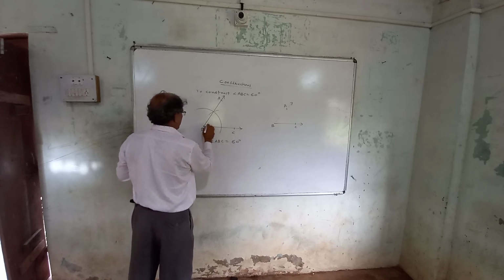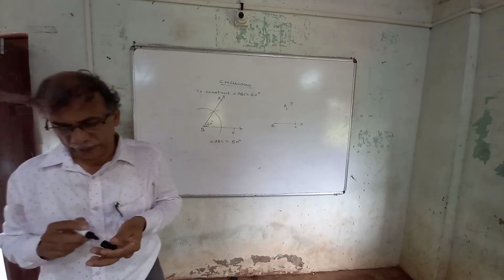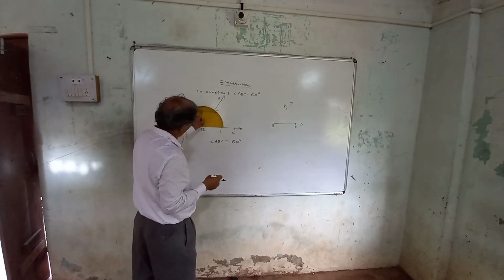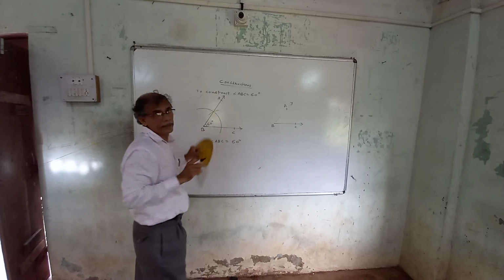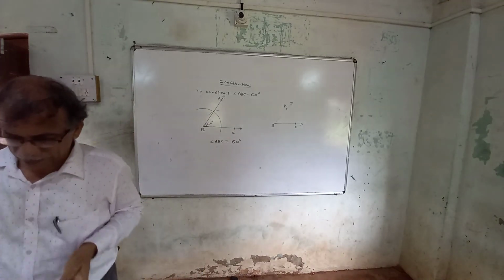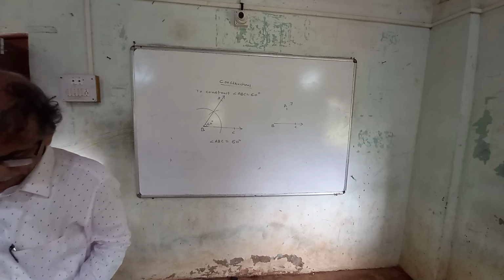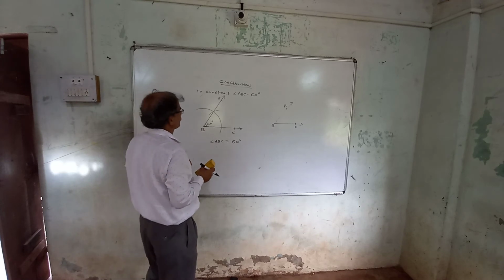You have to write here 60 degrees. If you measure with the help of a protractor, you keep the protractor here and see, you can measure your angle. It will be exactly 60 degrees. So this is how to construct a 60 degree angle.